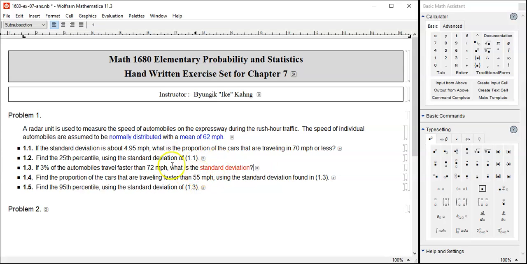So this one is completely different from 4.95, which was repeated here. It's going to be a little bit different number. So what do I have to do to find the standard deviation? As a matter of fact, if you draw the picture and set up the z-score formula, that question will answer itself. You're going to get a certain equation, and that equation is not too difficult to solve.